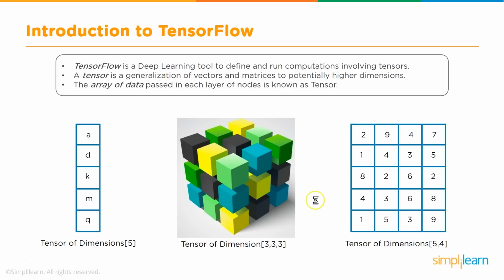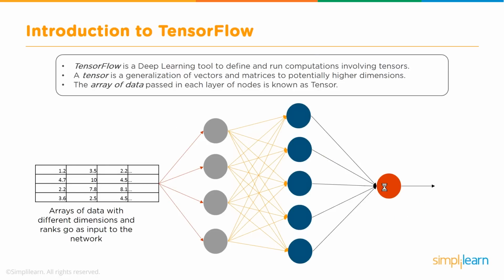That is the strength of TensorFlow, and it makes deep learning computation much faster. That's the reason why TensorFlow is used for developing deep learning applications. So TensorFlow is a deep learning tool, and this is the way it works.